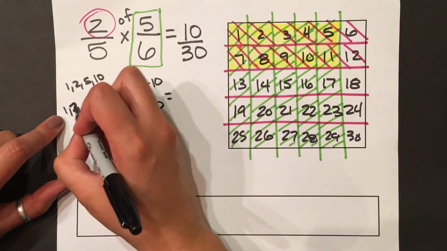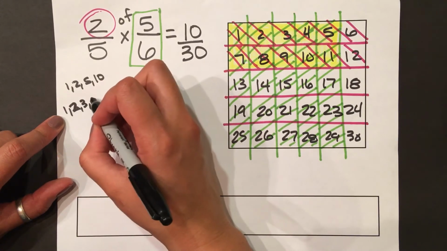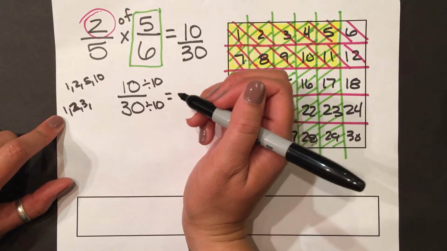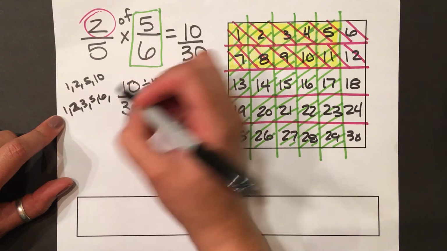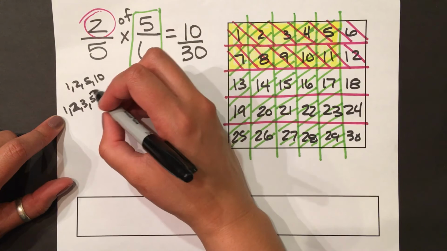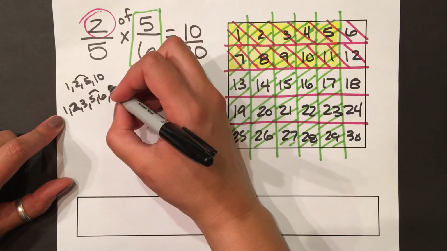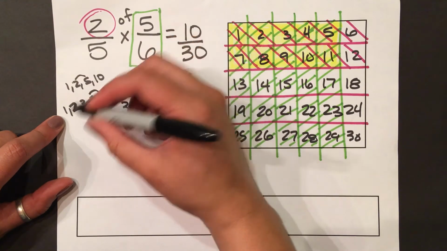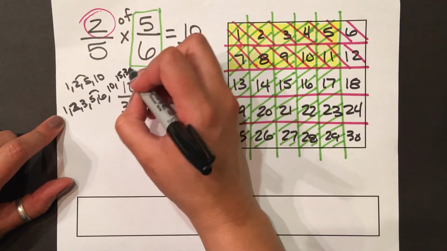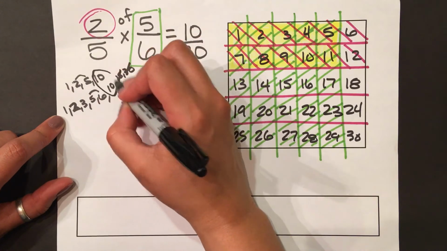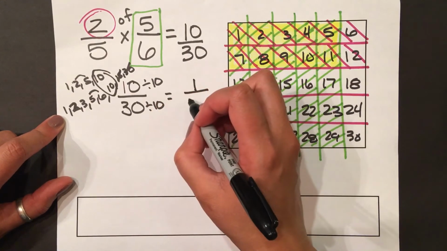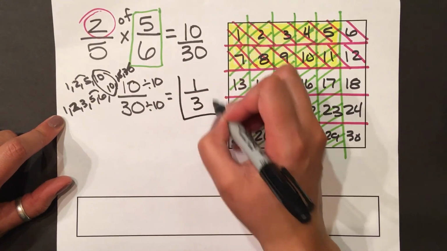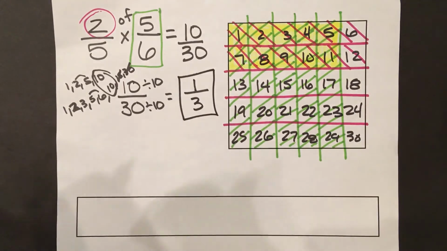So I have 10, I have 15 and I have 30. 10 divided by 10 is 1. 30 divided by 10 is 3. 1/3 would be our answer.